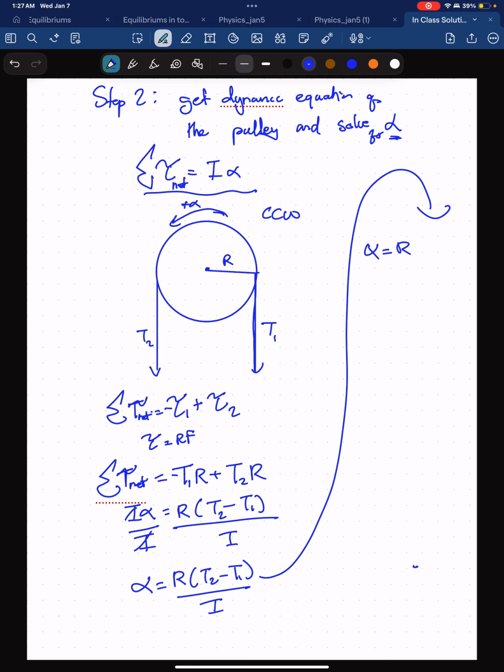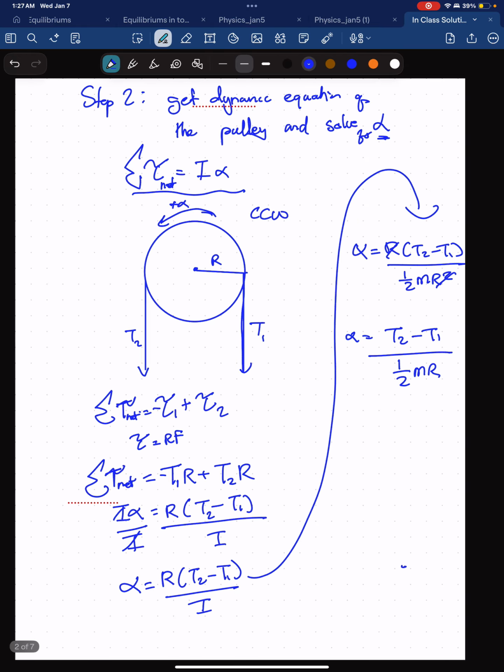Alpha is going to be R times (T2 minus T1) over 1/2 M R squared. An R will cancel there. T2 minus T1 over 1/2 MR. All right. And this is where we were in class.